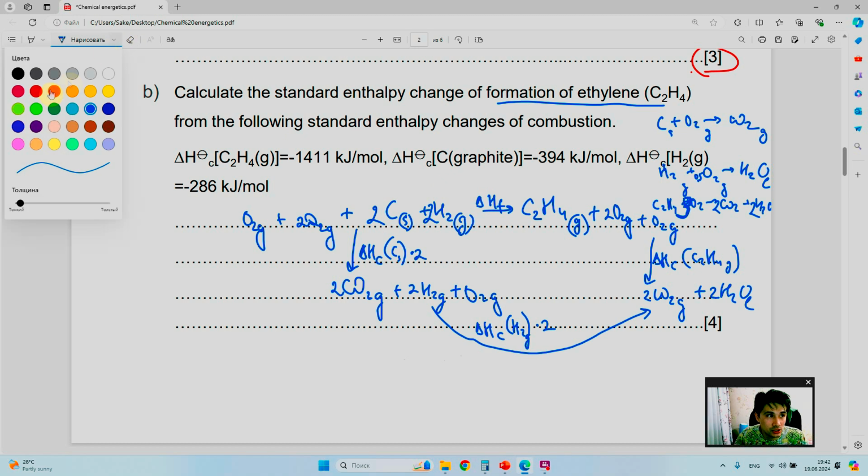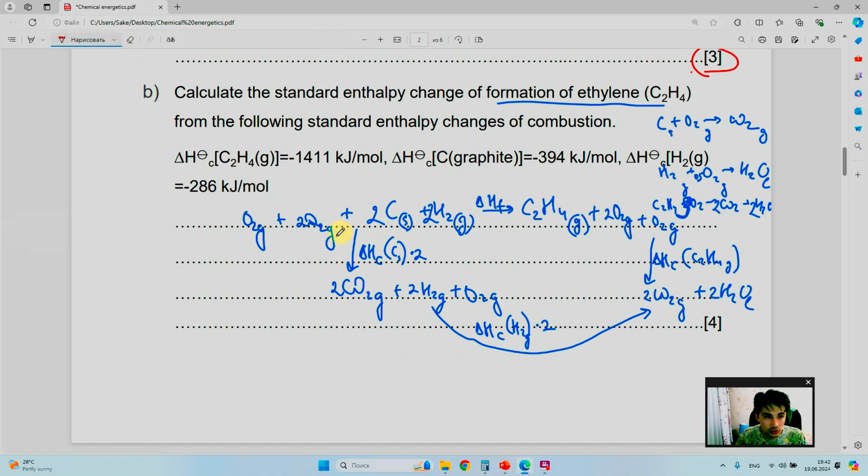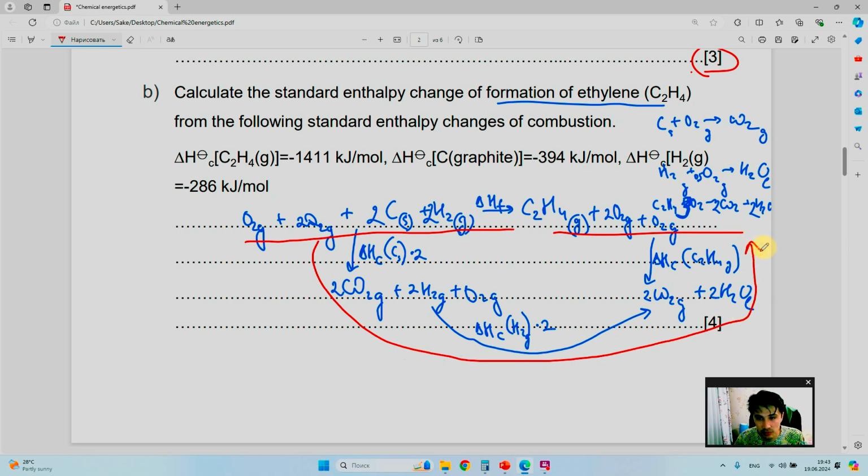Again, if you remember, we need to use the cycle and we need to go from reactants to the product side, but we need to go using that alternative path. And in order to find this enthalpy change of the reaction, so this is formation enthalpy in our case, formation enthalpy for ethylene gas. It equals, as you see, this arrow aligns with our direction, so we can keep this value. So combustion of carbon in graphite, as you see, it's minus 394 multiplied by 2.